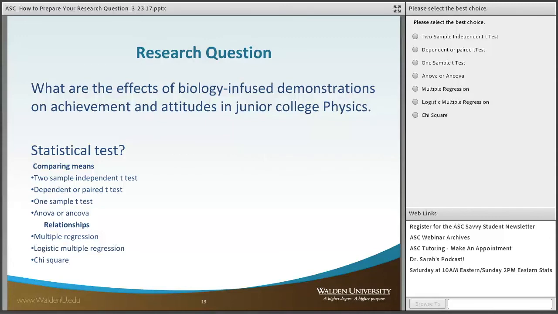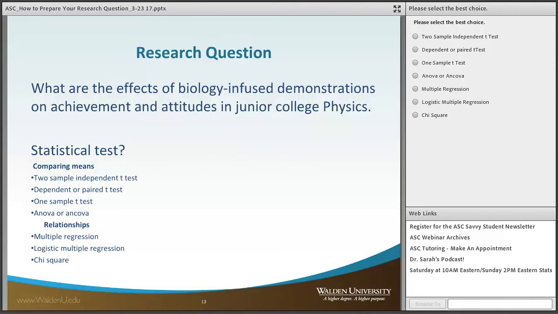That may work, so that we could say that attitudes increased when the students had demonstrations included in the course offerings. So that's one. But for achievement, I think that I would stick with ANCOVA here. Two groups: one group that got the biology infused demonstration, the other group that did not.